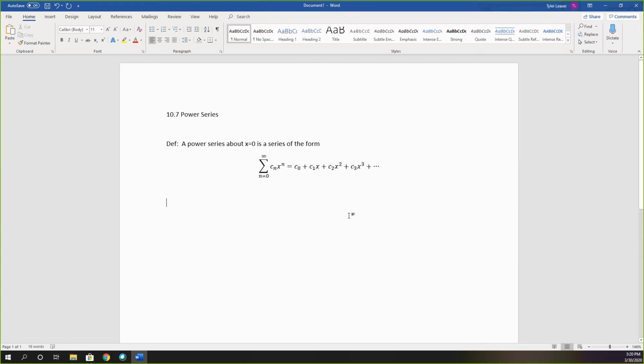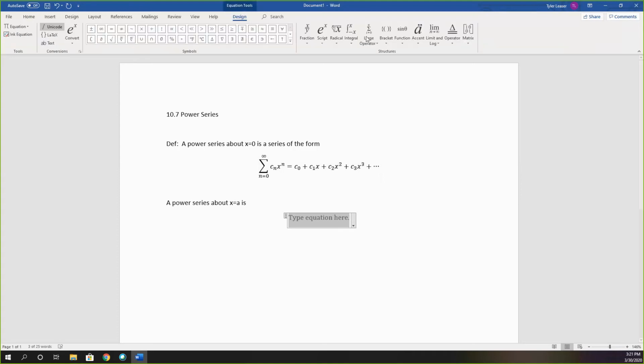You can move this over slightly and look at power series about the constant x equals a instead. So all we do here is the same general idea. We're going to have our infinite series, n goes from 0 to infinity.